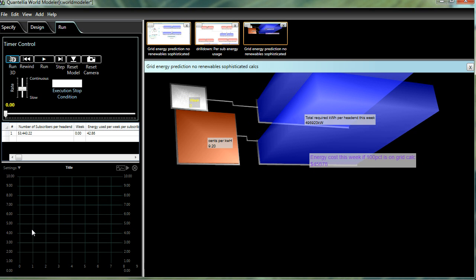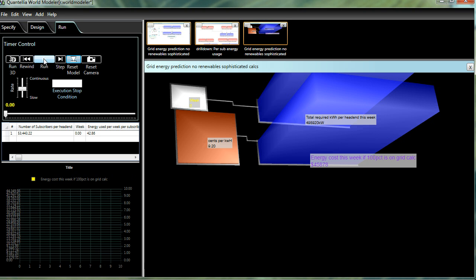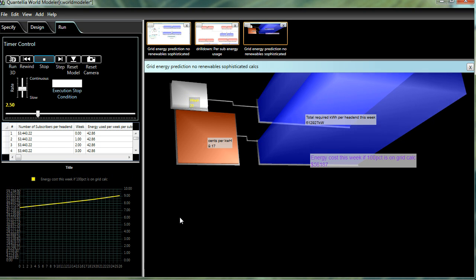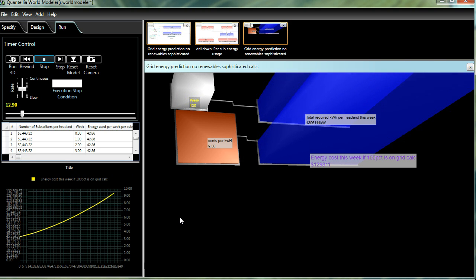But all of those other factors we talked about are ultimately going to change that number. The question is, is that going to go up or down? Let's take a look and see what happens here. Generally speaking, you're going to see exponential growth as we go forward to about the 200-week mark.